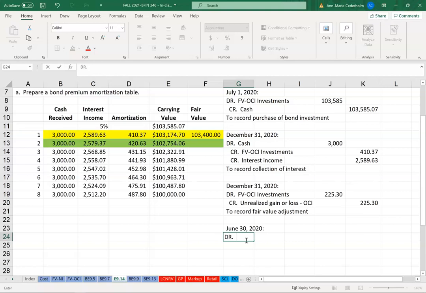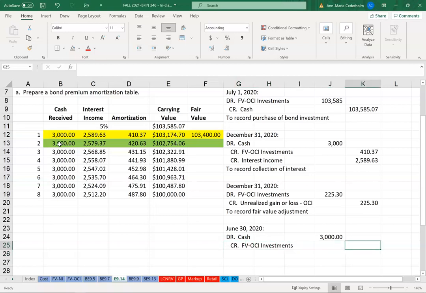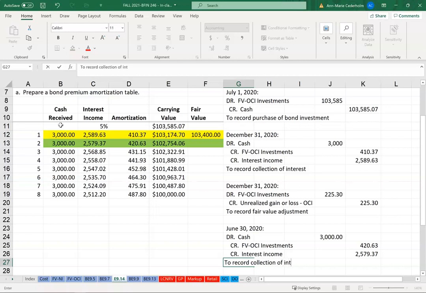So I'll debit my cash for $3,000 and I will credit my fair value through OCI investments for the $420.63, and then I'll credit my interest income for the $2,579.37, and I'll say to record collection of interest.